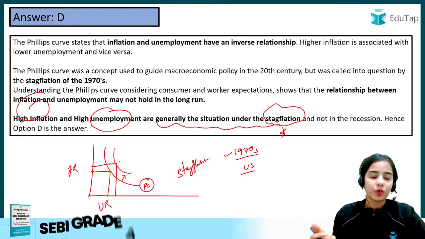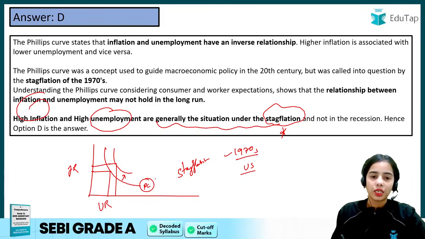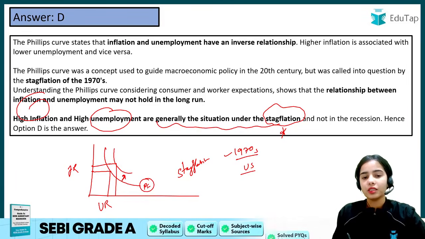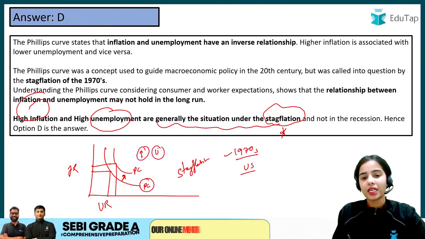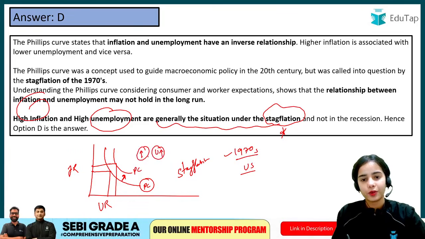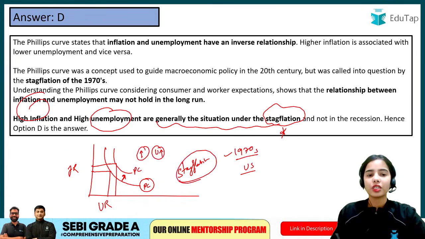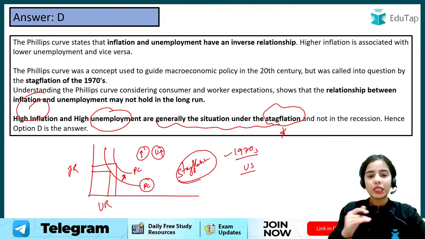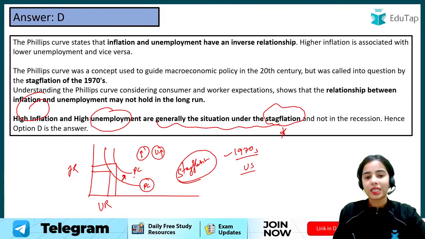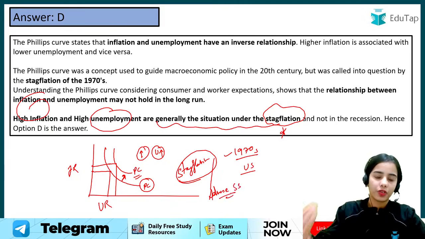The stable downward sloping Phillips curve broke down because there was a rightward shift in the Phillips curve that showed that the inflation rate is increasing, and with that the unemployment rate is also high. So this is the idea that stagflation talks about high inflation and high unemployment, which leads to a rightward shift in the Phillips curve, or the adverse supply shock.